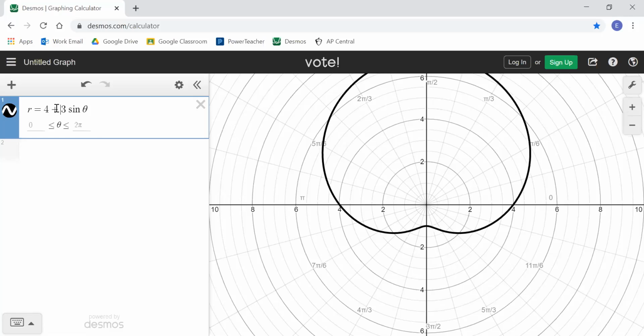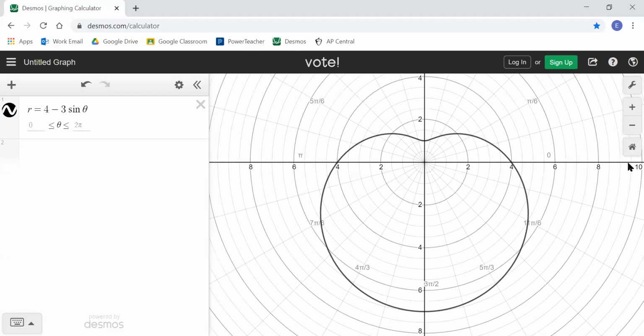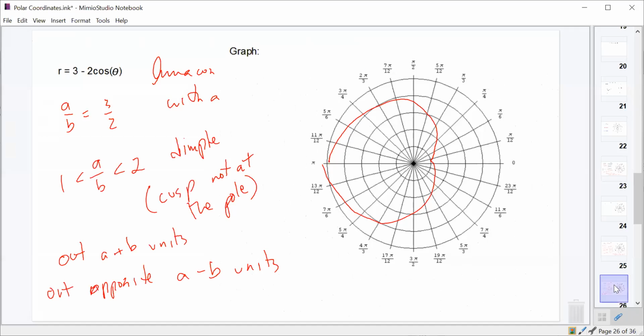If I made it a minus sine, it's going to go down. Everybody good with that? I'll assume that's a yes. All right, cool.